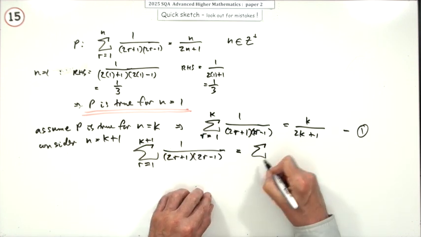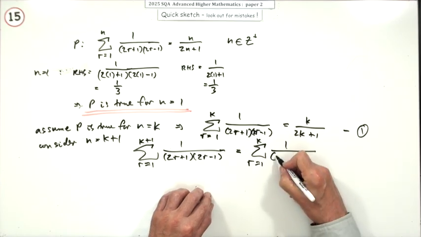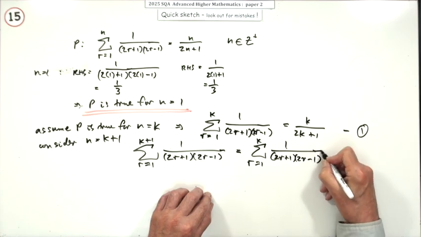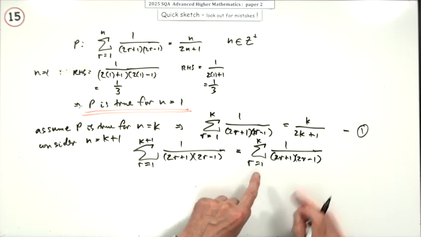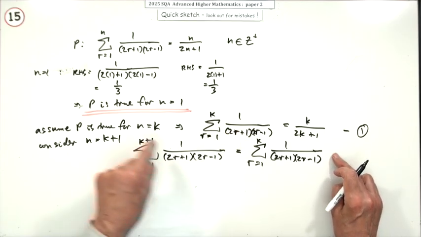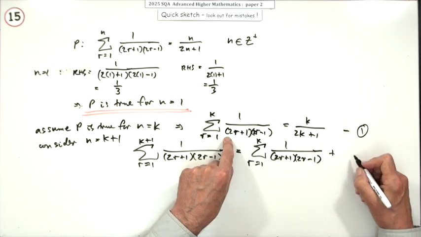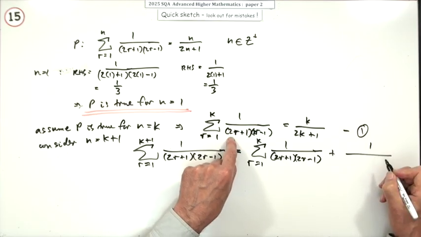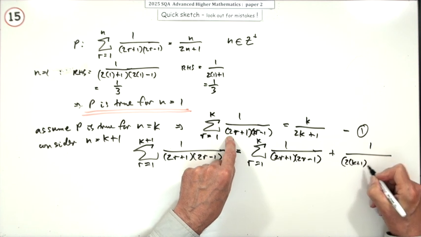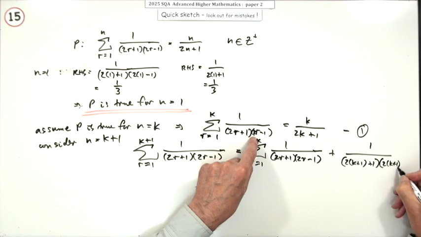That would be equal to the sum of the first k terms plus one more term, the last term that took you up to k plus 1. So the last term that took you up to k plus 1 would have been this inside term here, the last one would have said 2 times k plus 1 and 2 times k plus 1 minus 1.